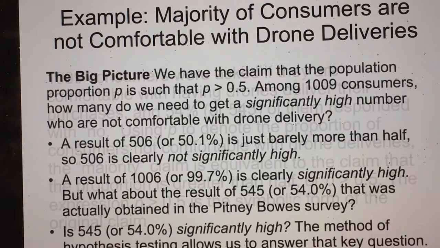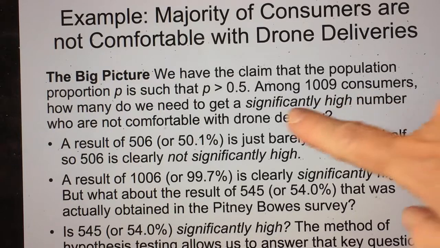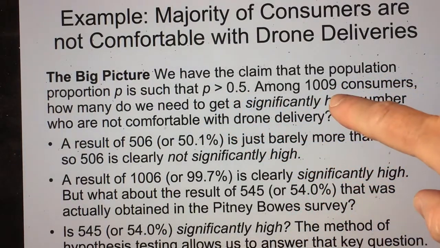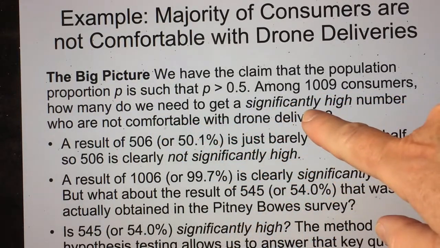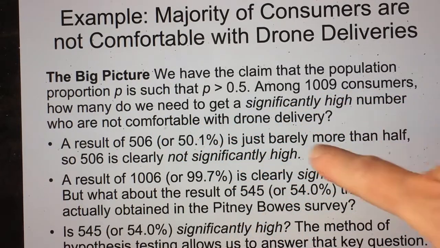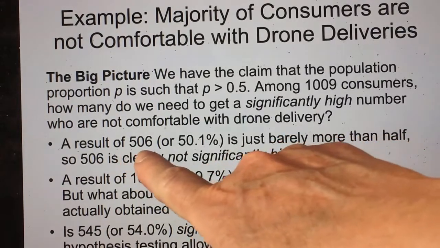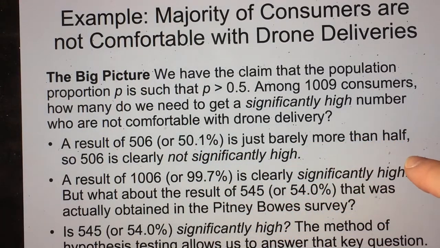Okay, so now we've got to figure out how significant we want this to be. So the big picture is we have the claim that the population proportion P is such that P is greater than 0.5. Among 1,009 consumers, how many do we need to get a significantly high number who are not comfortable with drone delivery? The result of 506, which is 50.1%, is just barely more than half.